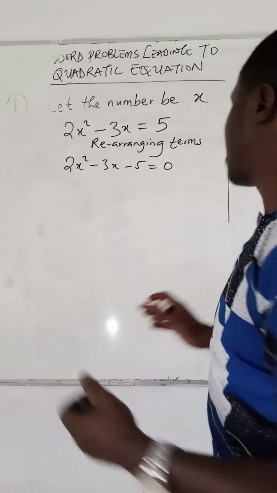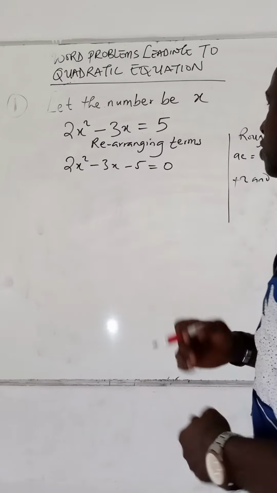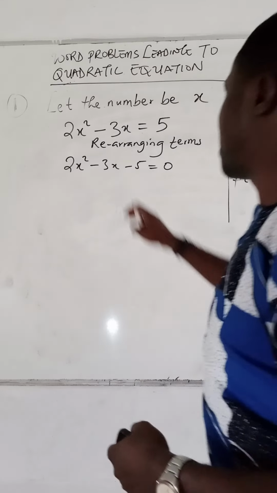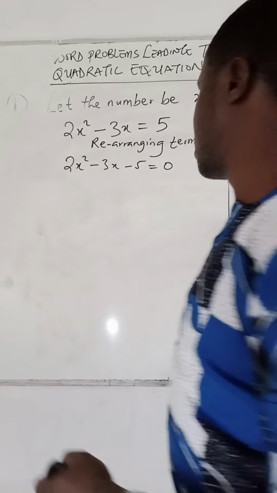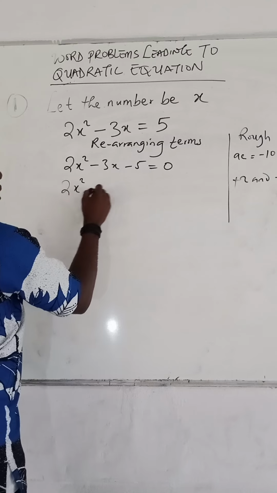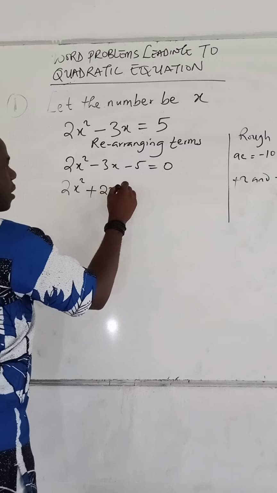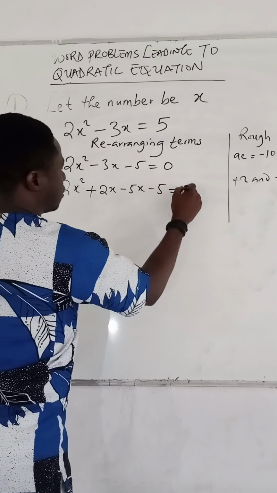When we have fulfilled these two conditions, the next thing we need to do is to replace the term in B, in terms of x, with these factors. So this becomes 2x squared plus 2x minus 5x minus 5 equals 0.